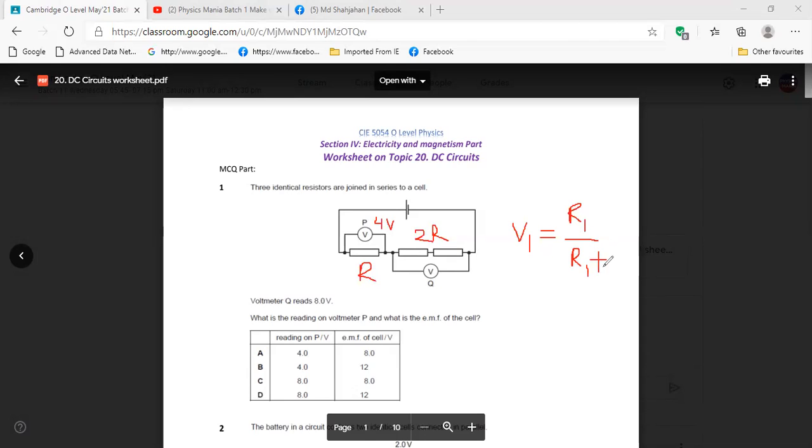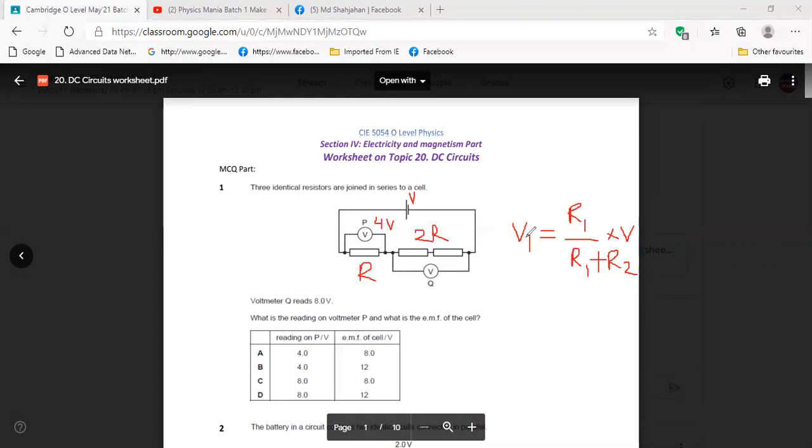Yes, sir. You got this formula, right? This V is your power supply, right? You have to find it now.